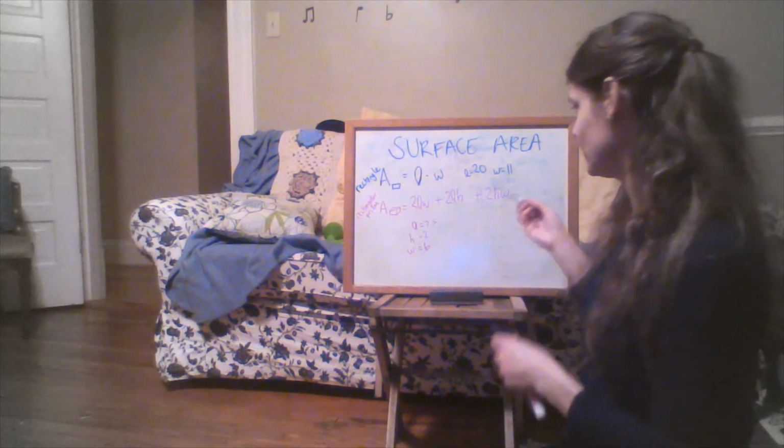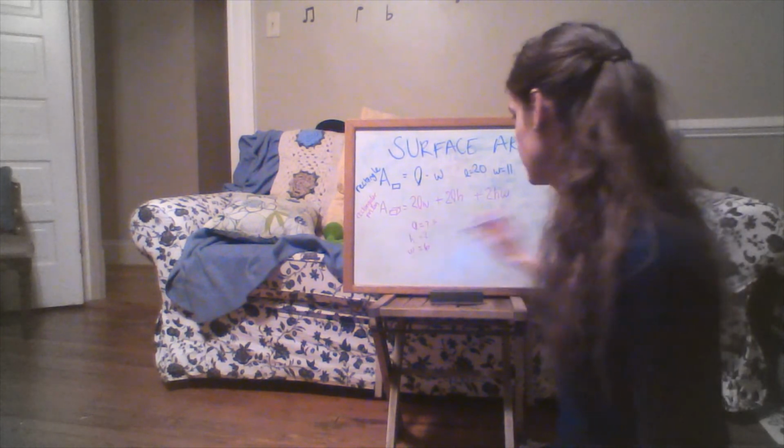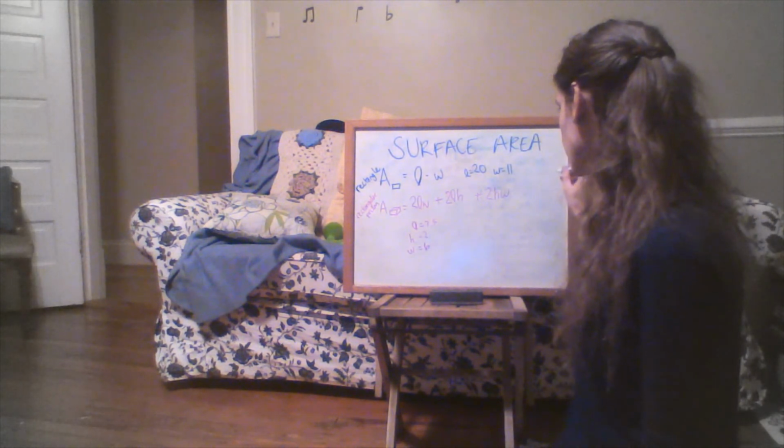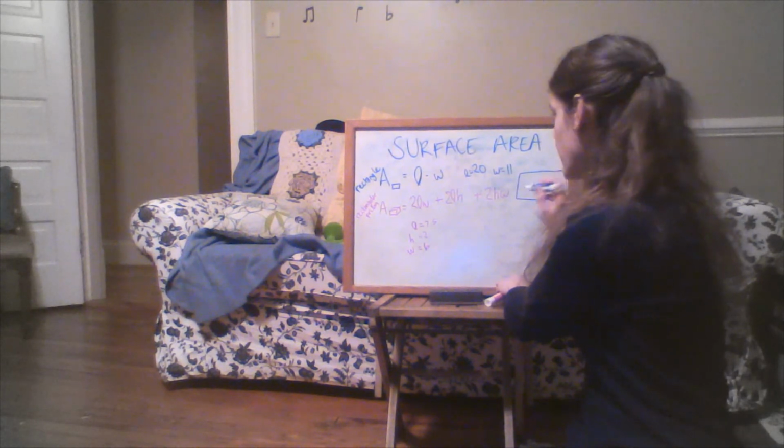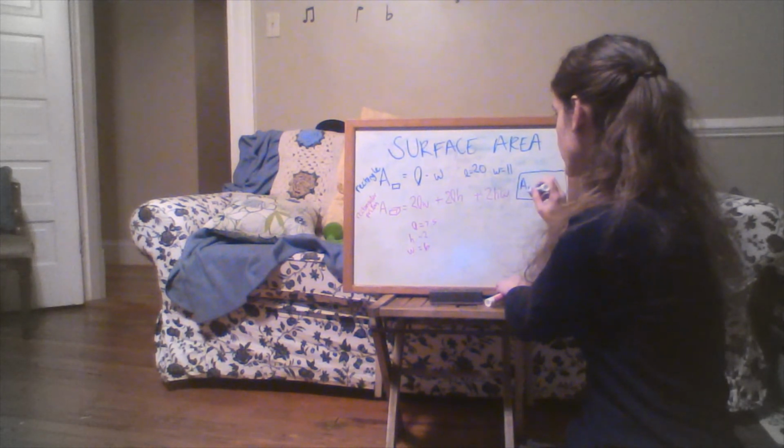So for our inequality, and this is the goal, we need to have the surface area of the rectangle be greater than or equal to the surface area of the rectangular prism.